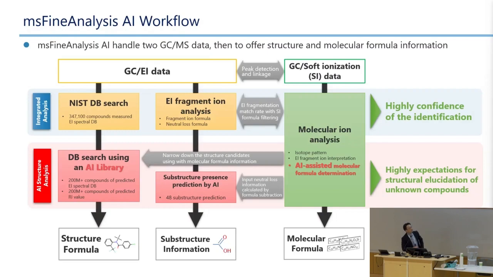We decide the molecular formula from this data, so we can narrow down to the isomers from over 200 million compounds. Then we can get the structures and formula information, and we can also get substructure information from the EI mass spectrum, and the molecular formula information all at once, even though this is an unknown compound.